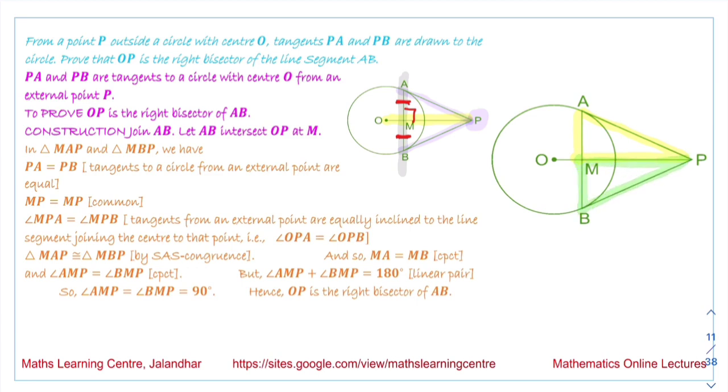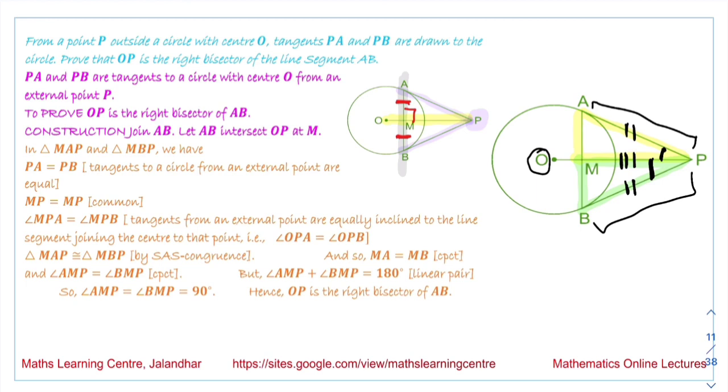For these two triangles, we have these two angles equal to each other, because PA and PB are tangents, and the line joining the center O to the point P is the angle bisector. Second, AP and PB are equal, because the two tangents drawn from an external point are equal in length. And third, this side MP is common in both these triangles.